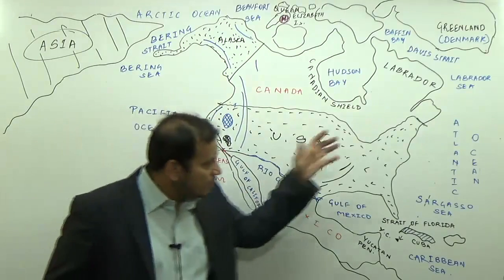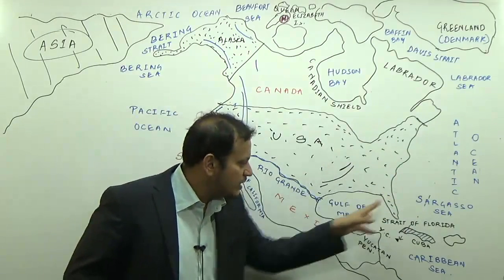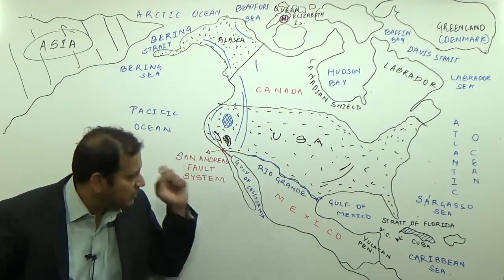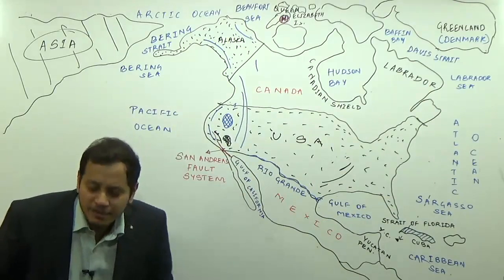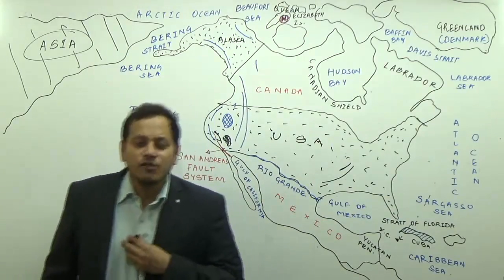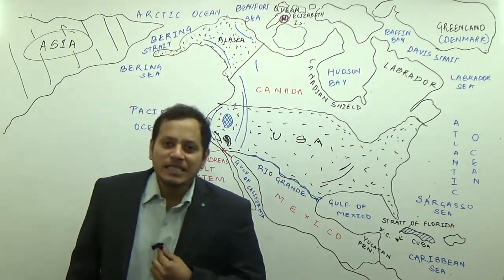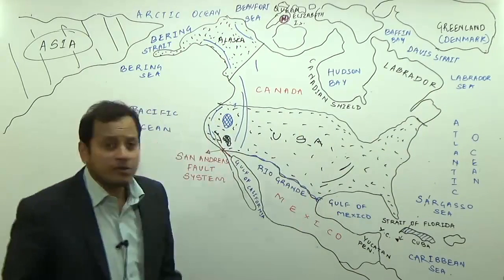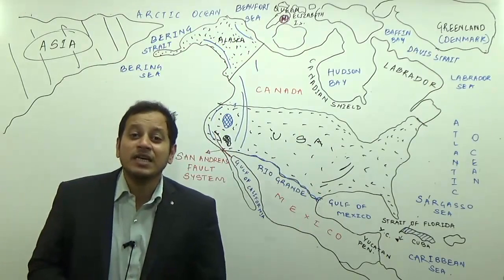Then come to the Atlantic Ocean, Sargasso Sea and the Gulf of Mexico. One major river which drains into the Gulf of Mexico is the Rio Grande River, and this Rio Grande River also forms a boundary between USA and Mexico. The other important river which I have not drawn is the Mississippi Missouri river system.